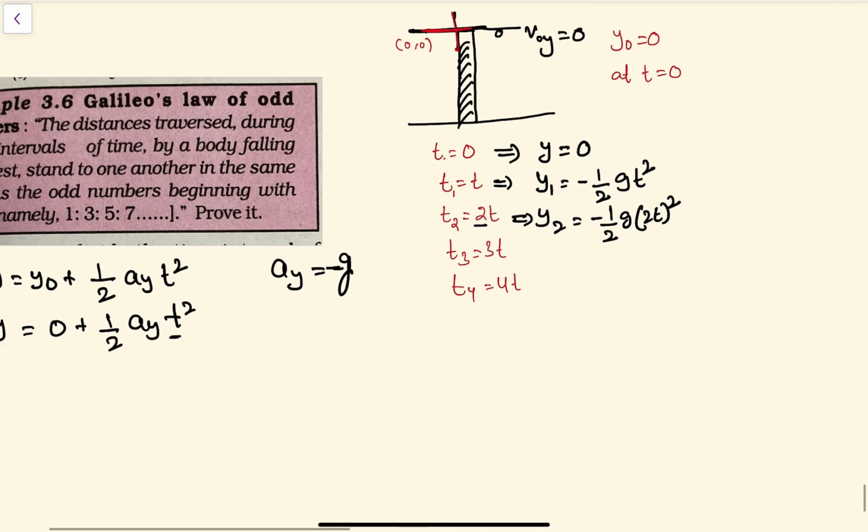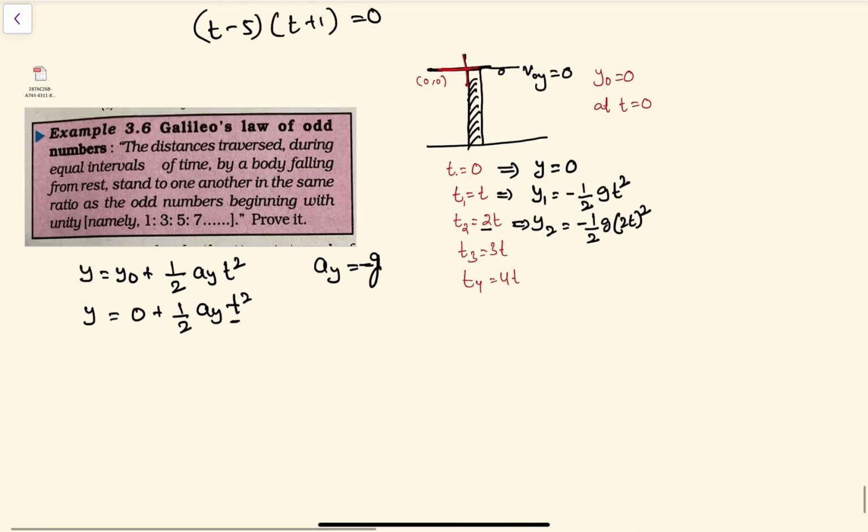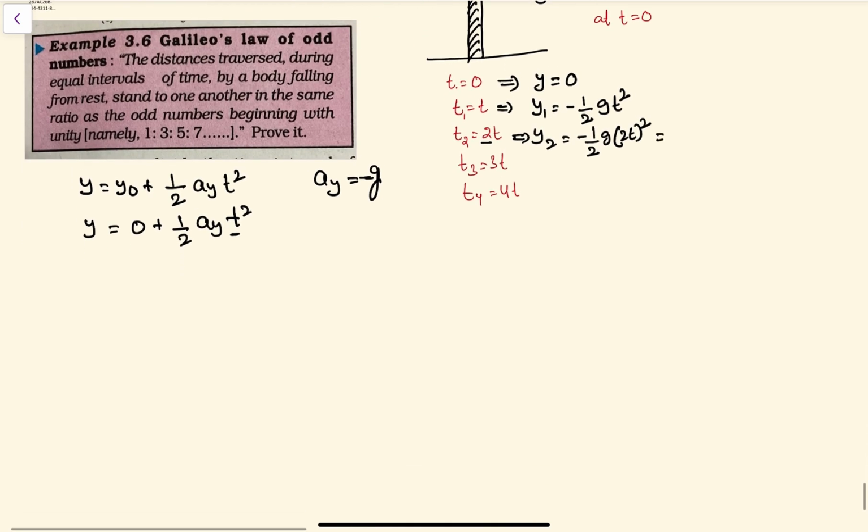How do you write? y2 is equal to minus 4 into half g t square, which is equal to 4y1, let us say. Similarly, y3 you will get as 9y1.